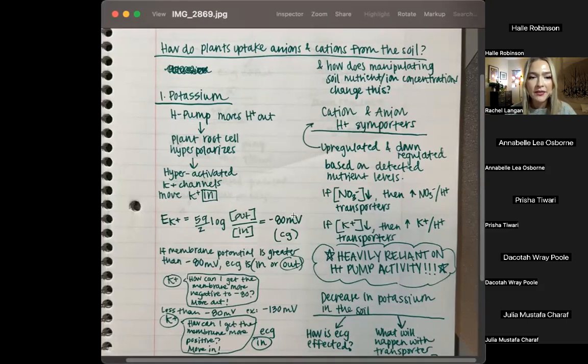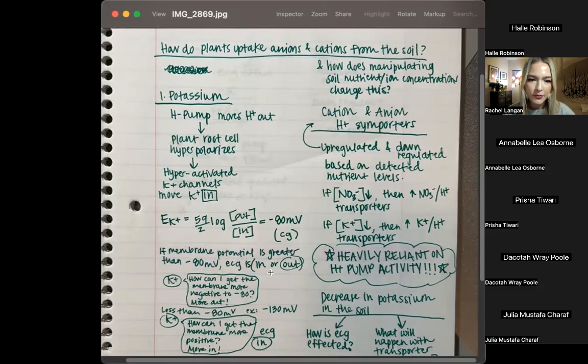It wants to be at -80. So potassium is thinking, how can I get the membrane more negative to get it to -80? We're at -30, but I want to be at -80. And a little potassium ion says, I can move out of the cell. If I, a positive ion, move out of the cell, that makes the membrane more negative and gets it closer to -80. So you should be able to reason through all of that.